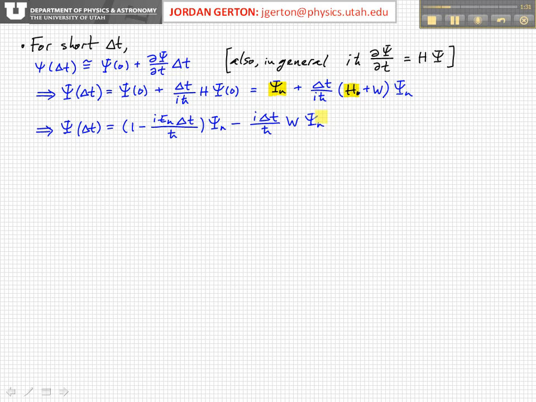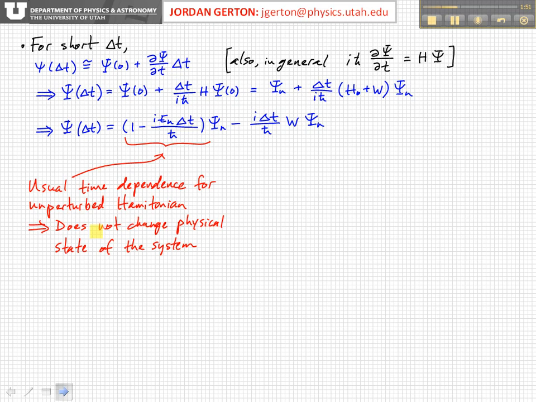Now, because psi sub n is not an eigenfunction of the perturbed Hamiltonian, this in general does not give you back just the eigenvalue. So this term here is just the usual time dependence for the unperturbed Hamiltonian.